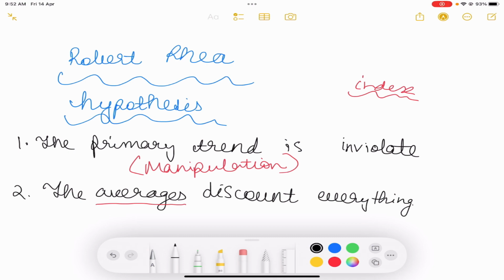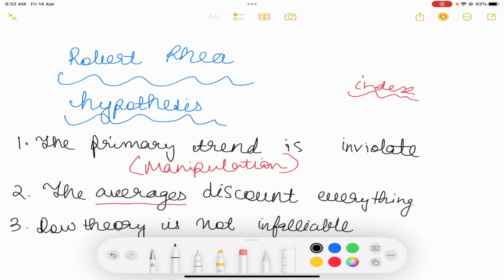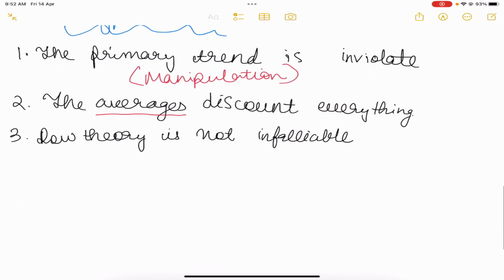Now the third and the last hypothesis is that the Dow theory is not infallible. What do you mean by infallible? Just because this is a stated theorem after a lot of hard work, that doesn't mean that this theorem will work 100% every time.